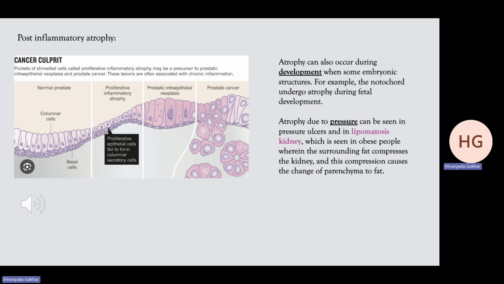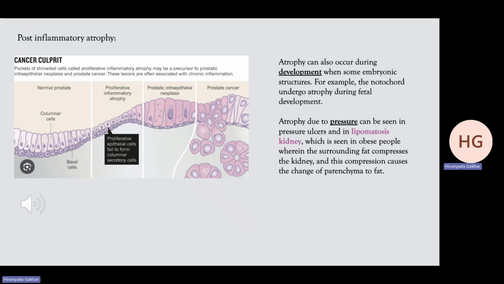Now, these cells form from certain cuboidal cells and basal cells, and when these cuboidal cells, as you can see here, cannot convert or fail to form the columnar secretory cells, that is when you see that the prostate is undergoing atrophy. Such a process is a precursor to the prostatic intraepithelial neoplasia, which further leads to prostate cancer. So, such a process is seen in chronic inflammation.